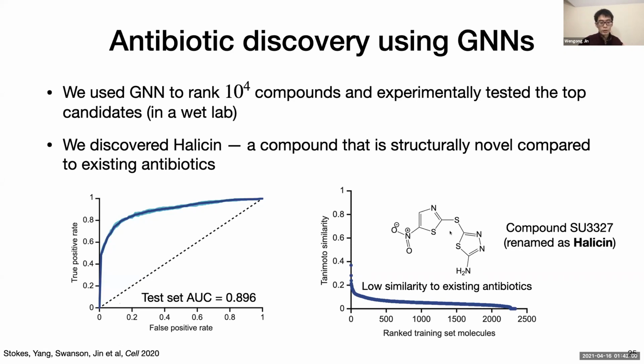This is really good news to us because we are looking for something new, because existing antibiotics are no longer effective against these bacteria. So we want to find something new that may not suffer from the same problem.